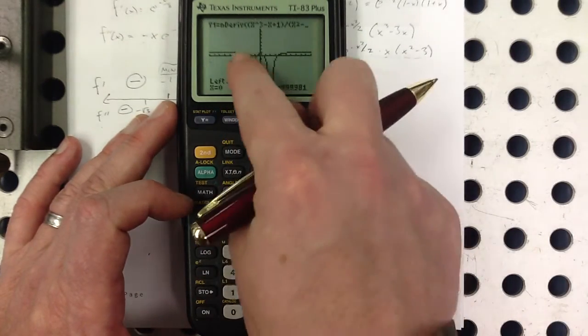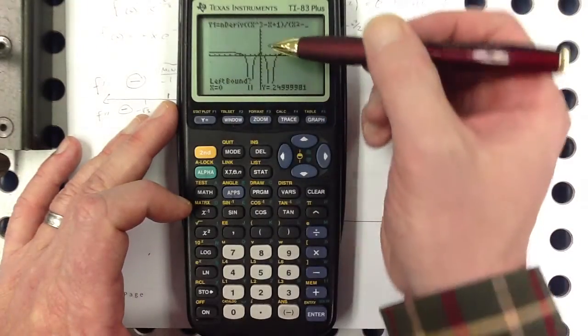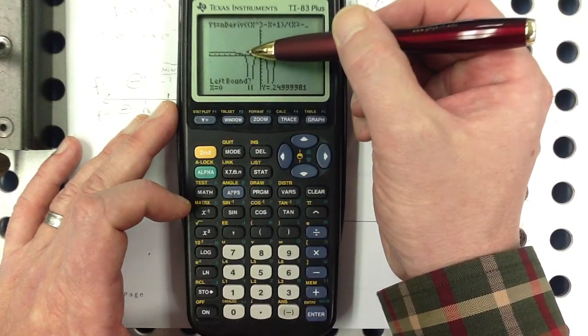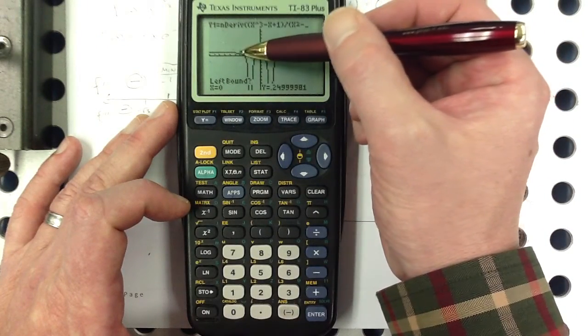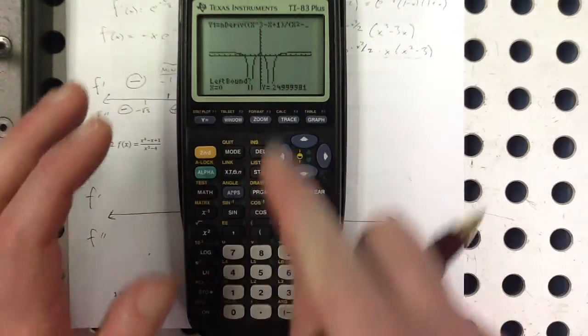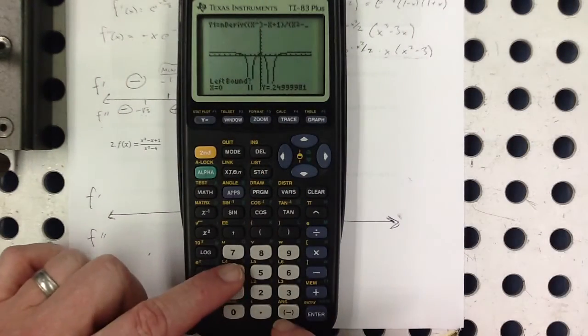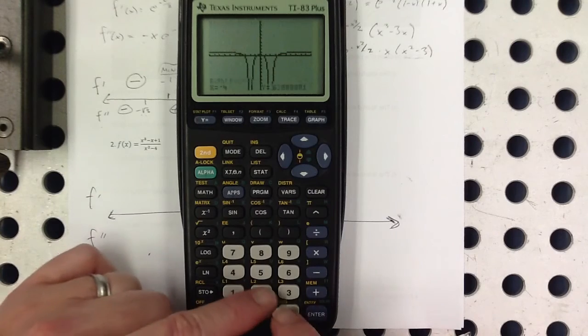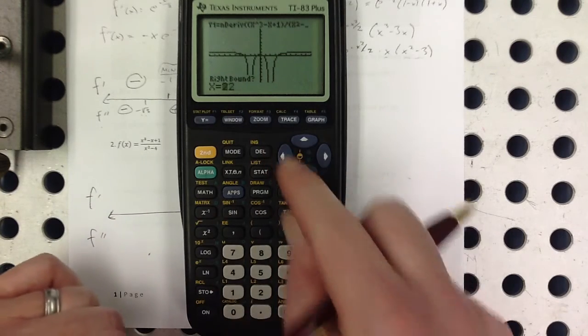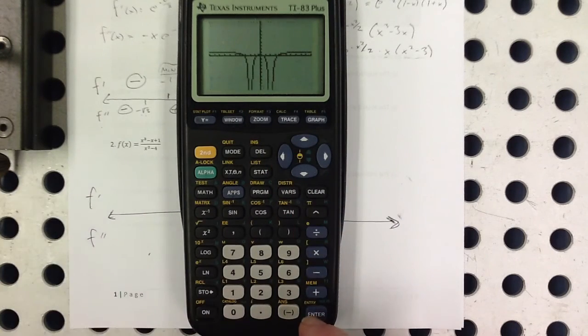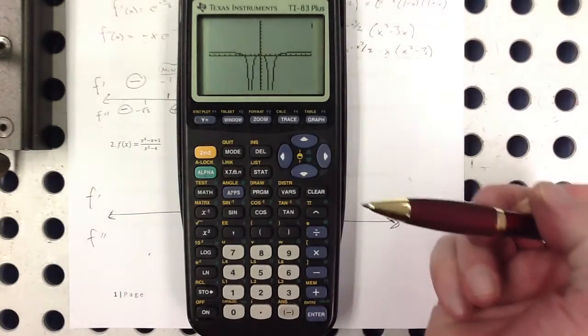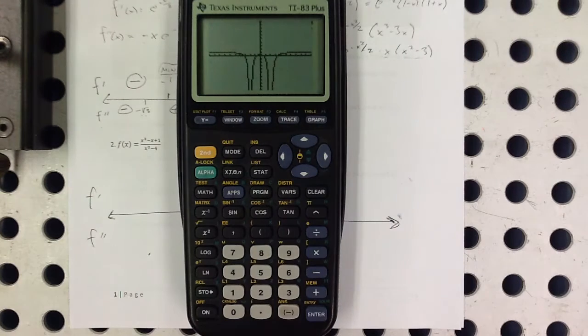There's one over there. That one looks like it's in between, let's see, -1, -2, -3. It's between -4 and -2, right? So instead of playing with the cursor, that's annoying, I'm just going to type in left bound -4, right bound -2. Oh no, you know what, I picked -2, that's on the vertical asymptote.